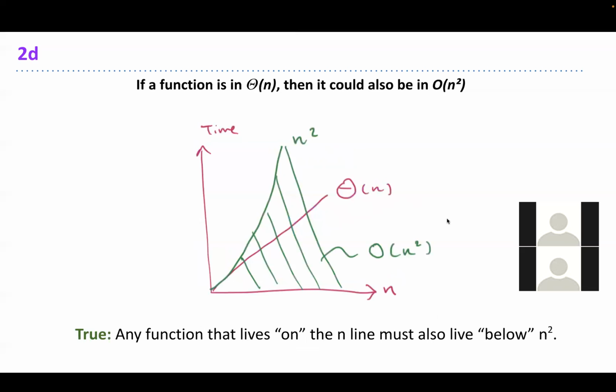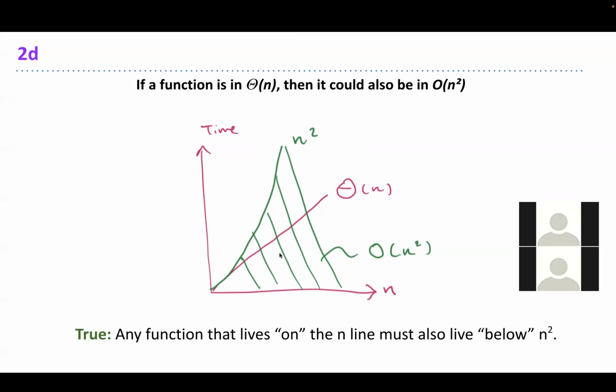All right. So what about 2D? For 2D, if a function is in big theta of n, then it could also be in big O of n squared. So that means it's tightly bounded by n. And we're trying to figure out if it's possible for it to have an upper bound of n squared. For it to have an upper bound of n squared, it just means it has to fall below n squared.